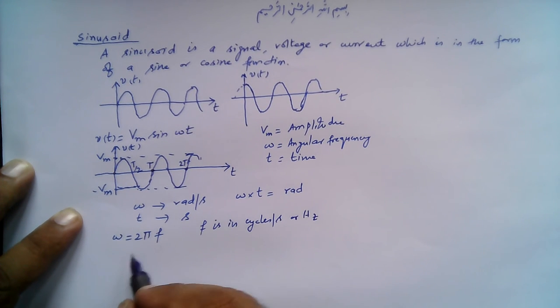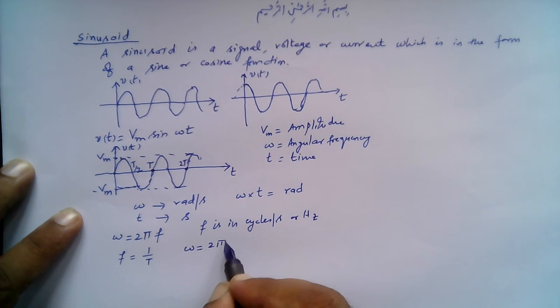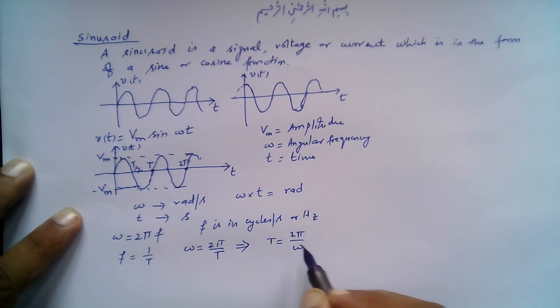And we also know that f is 1 over T. So we can write omega is equal to 2 pi over T, and T is equal to 2 pi over omega.